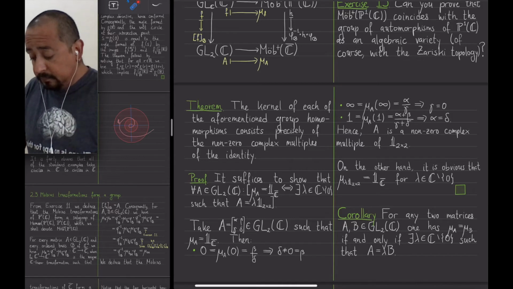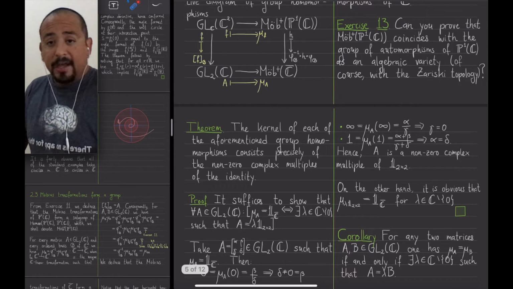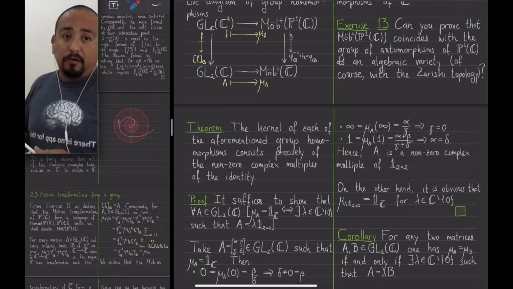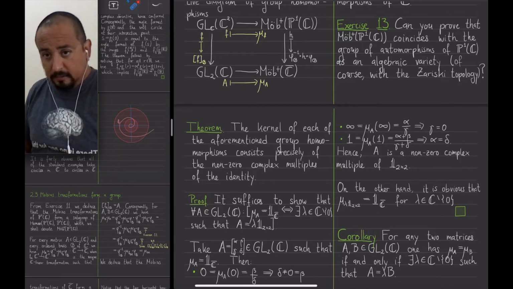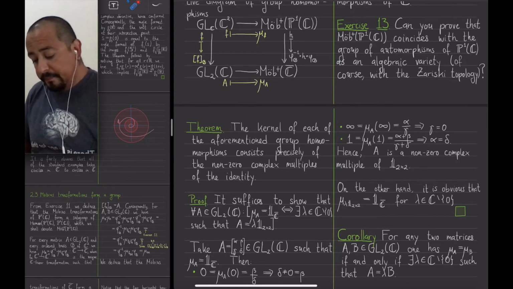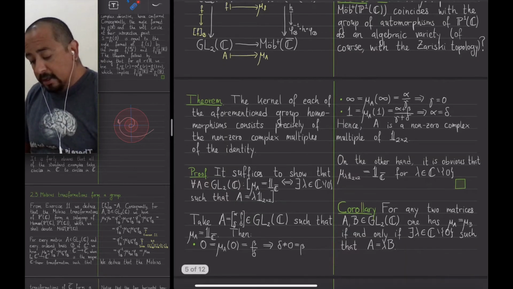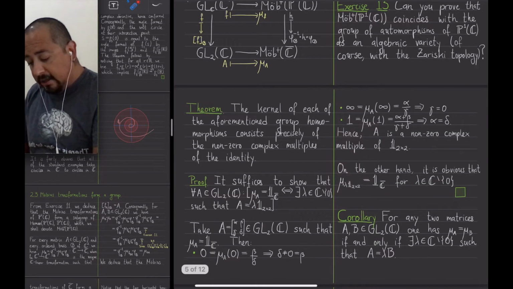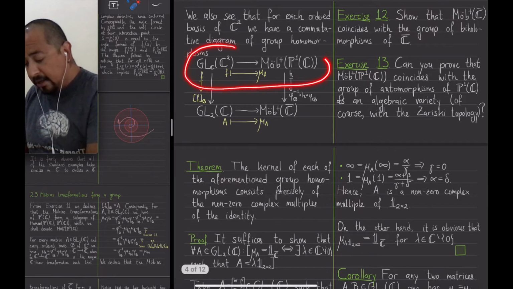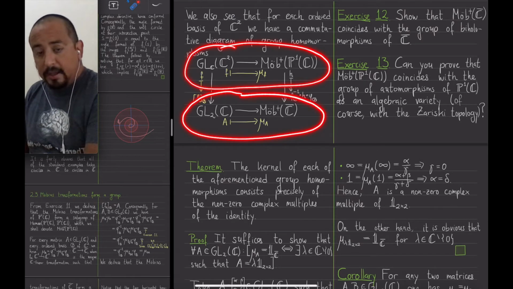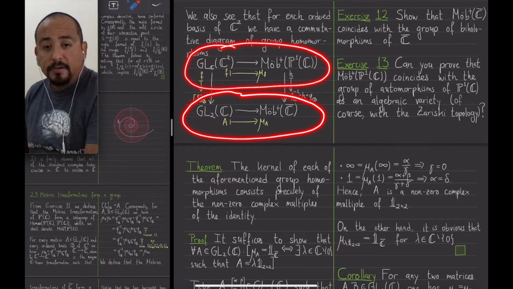Now, of course, when one has a group homomorphism, one of the first questions is, what is its kernel? Can we compute the kernel easily? It turns out that yes, and in either of these, the kernel consists of the non-zero complex multiples of the identity.